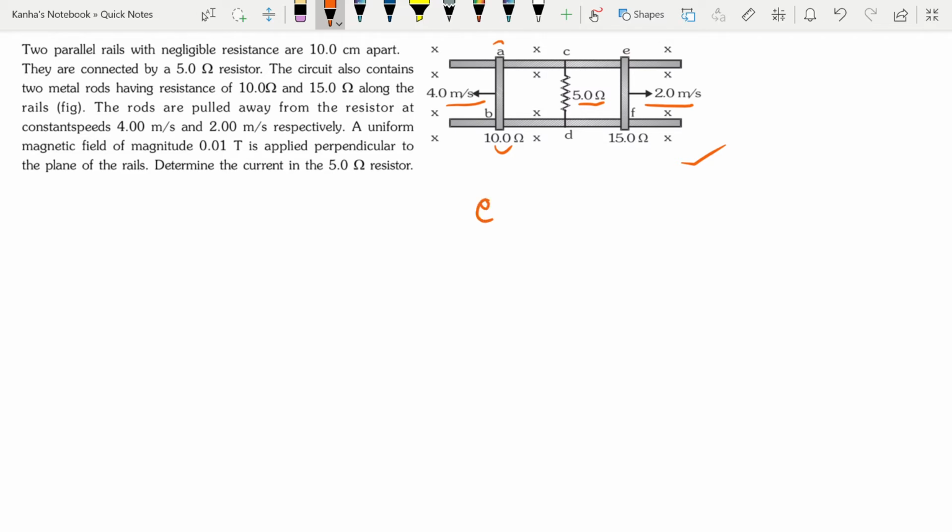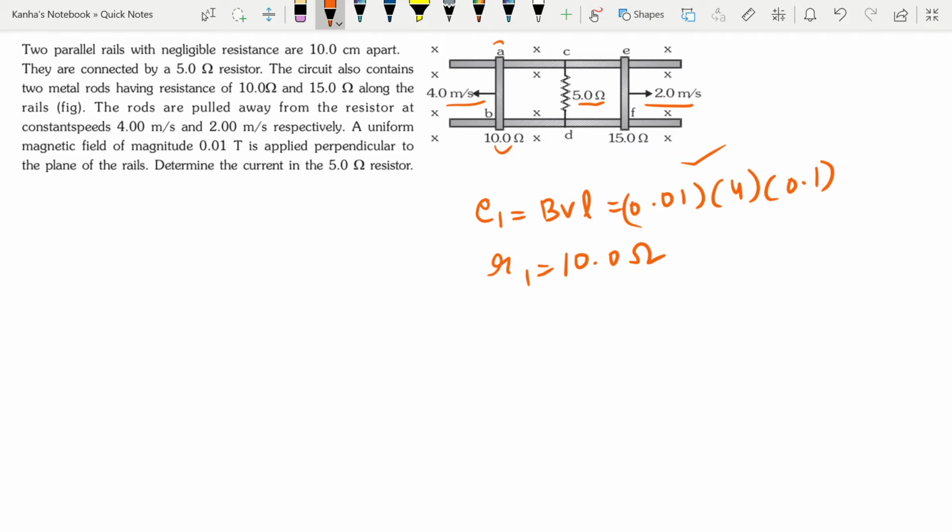Let me call that EMF E1. It will be equal to B into V into L, which is 0.01 into 4 into 0.1. Similarly, it has an internal resistance of 10 ohm, which is already given in the question.